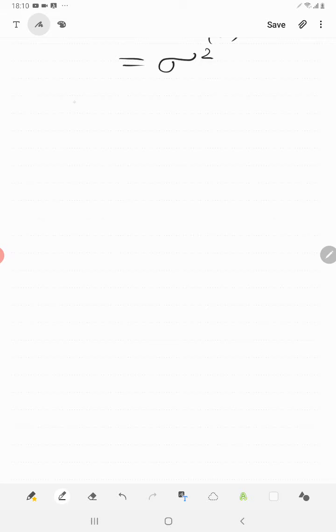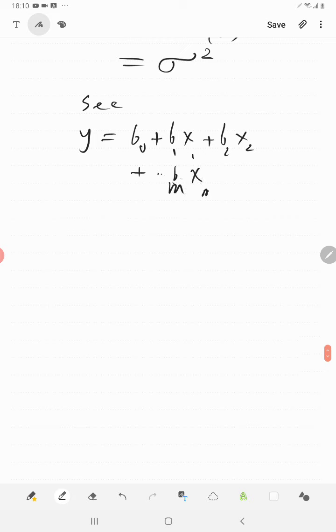For example, y equals b0 plus b1 x1 plus b2 x2 plus, let's say, bm xm plus u. Okay, here x1, x2, x3 until xm we have multi variables. b0, b1, b2 to bm are the coefficients, u is the disturbance, and y is the output.